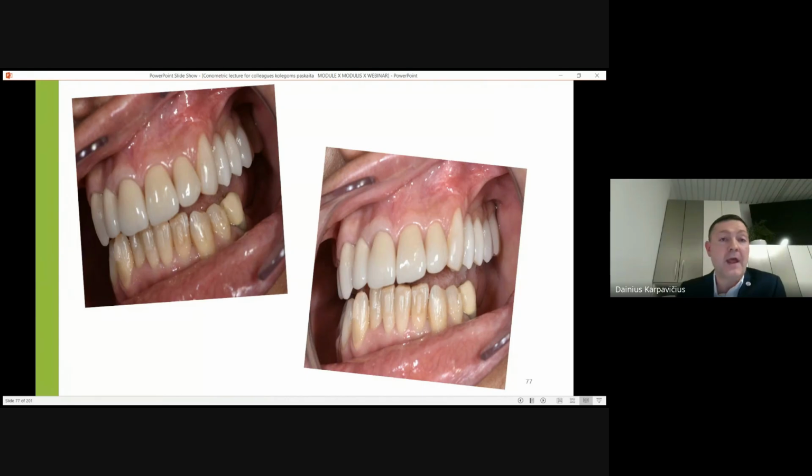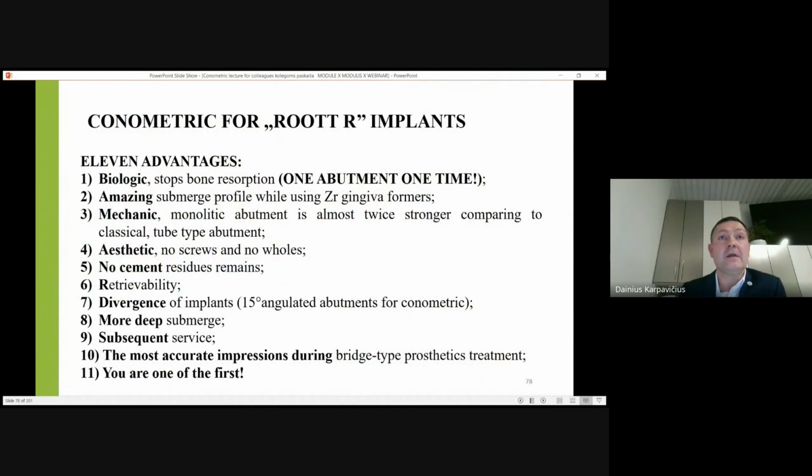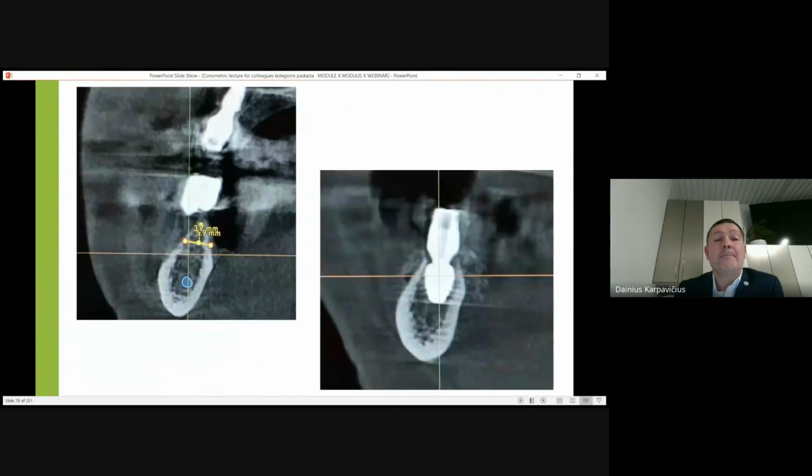And now a simple bridge comes into the mouth without any sinus lift or additional augmentative procedures. More deep submerge. Sometimes we have a thinner upper part of the bone, and we have to go deeper with the implant to bypass this thin part.